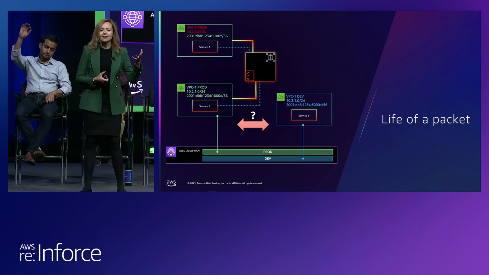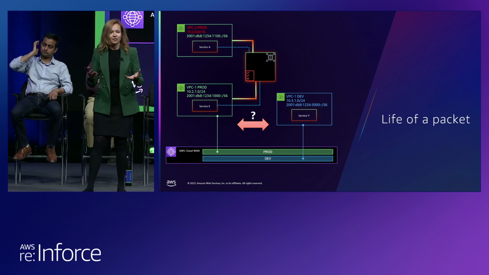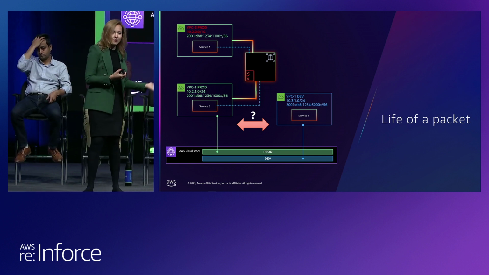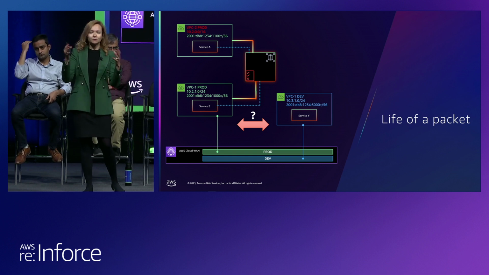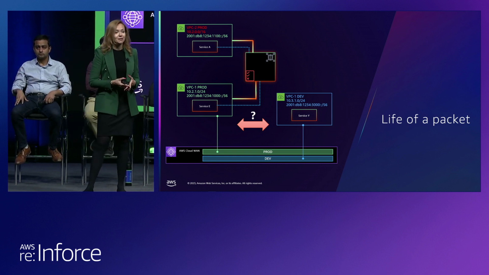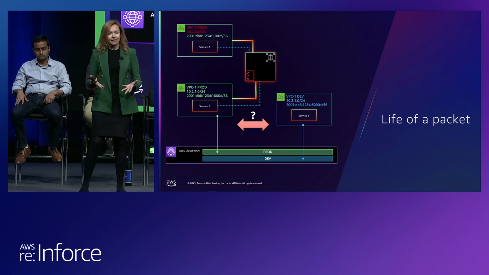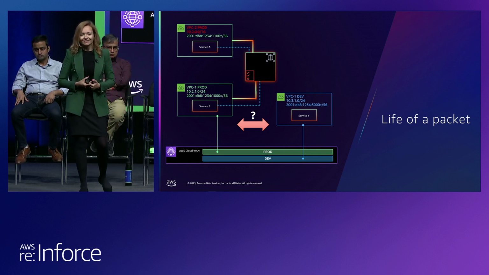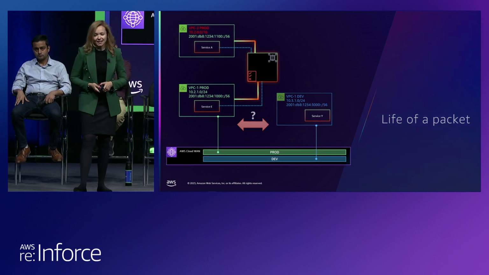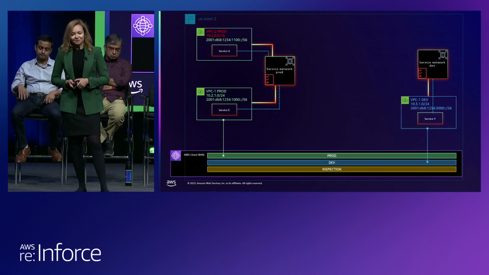We don't want to let prod and dev talk to each other, or on premises talking to prod, or whatever other inspection mechanism or policy you have, to talk directly, right? We still want that inspection to happen. Let's see how it works.